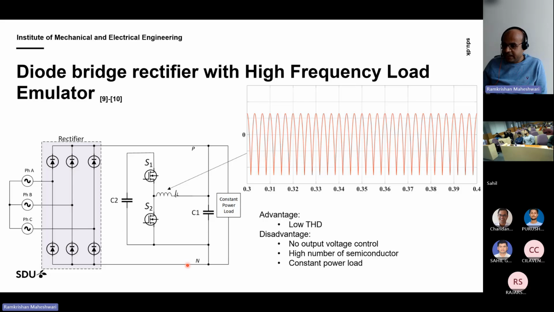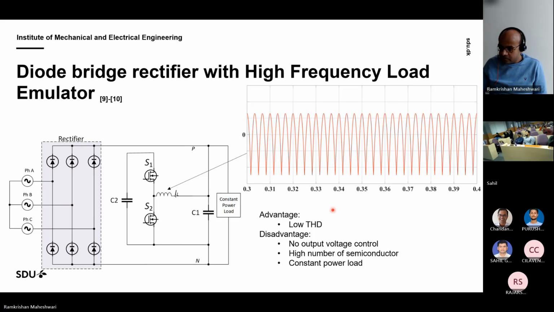Here we have added a simple boost converter on the DC link capacitor. And if I control this inductor current in a way that the current is proportional to the DC link voltage, then I am emulating a positive resistor to nullify the effect of negative impedance. If we do so, then we can stabilize the operating point.